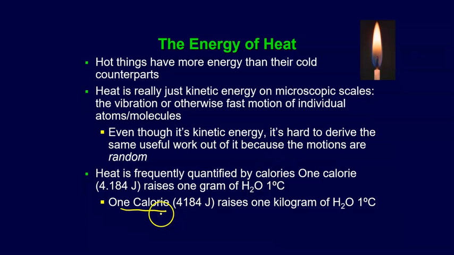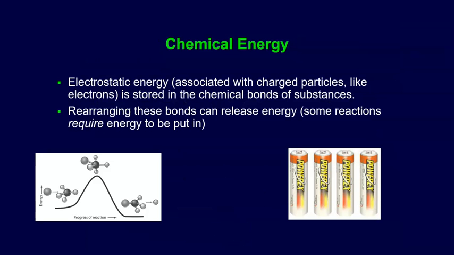Which again, when we write capital C Calorie, what we'll tend to do is write it as a kilocalorie. And so that leads us to chemical energy. This is the idea that when groups of atoms come together to form different chemical compounds, they store energy in these chemical bonds, these electrical bonds that keep them together.